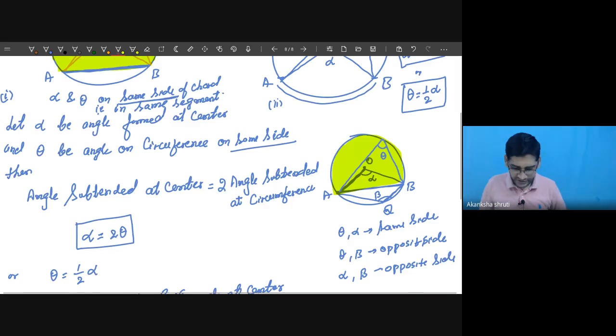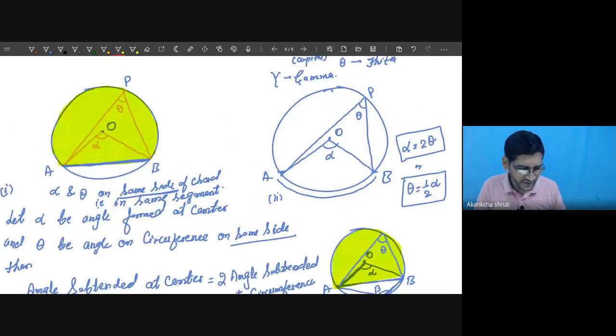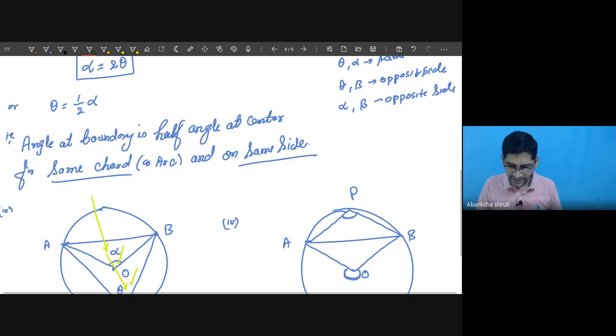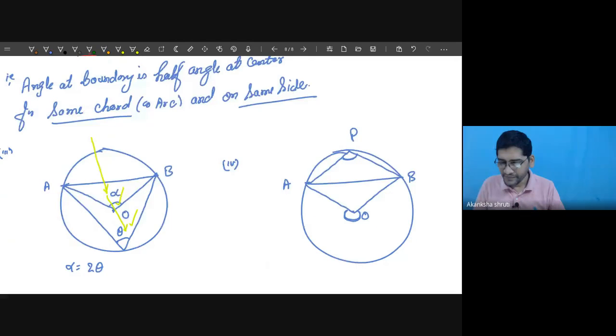Coming to the first question even, or the first one, the angle made by this AB was, once you are moving forward, the angle alpha is formed, moving forward, the angle theta is formed. Okay, so in the same order it is, or on the same side. But for this figure, for the angle at the center, if you are considering the angle at point P, then you may have to move in upward direction like this one.